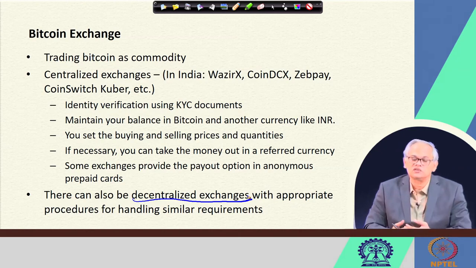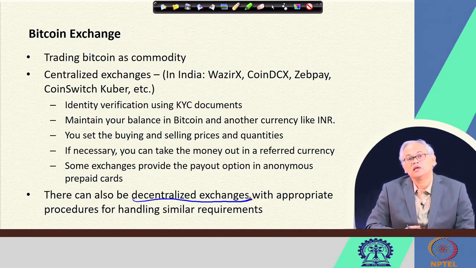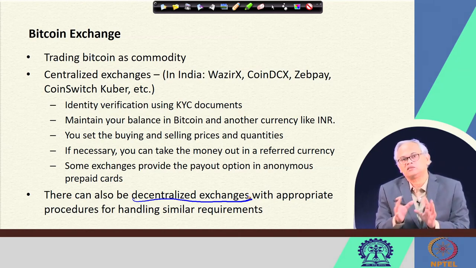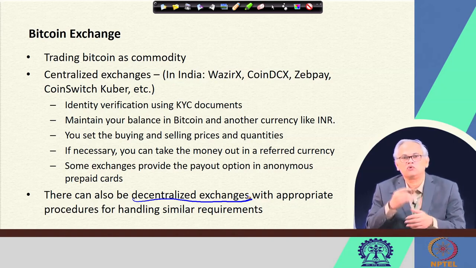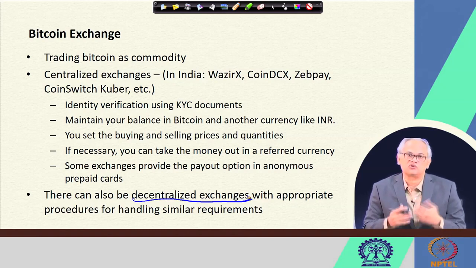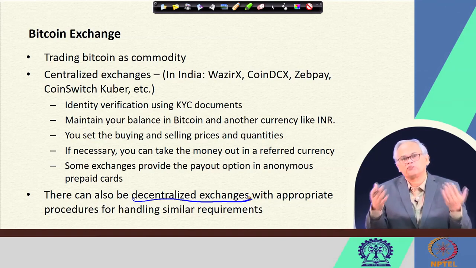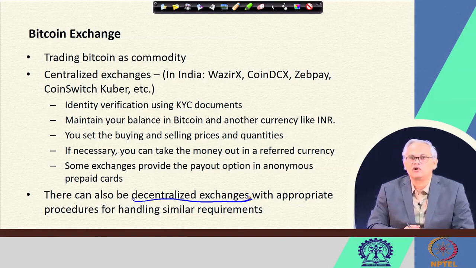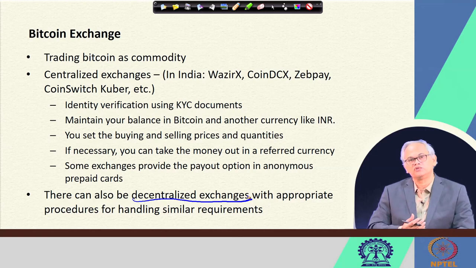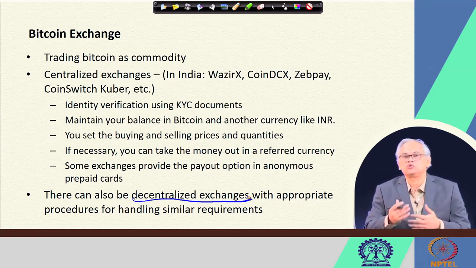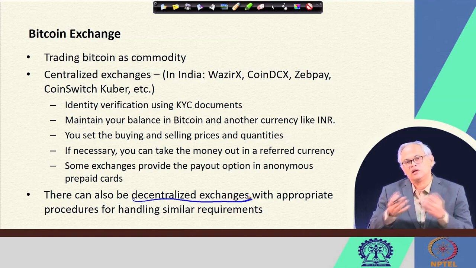For centralized exchanges, the advantage could be that they would be responsible if there is something wrong, say the system goes down where your transaction is being done, then you can fall back on them for any kind of support for recovering from the situation. For decentralized exchanges, which are technically feasible, these issues are there: how to ensure that you can recover if something went wrong.